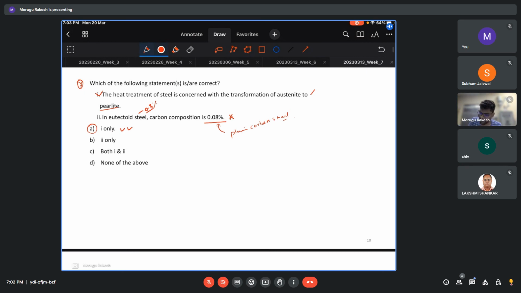So you are correct, from austenite we can get bainite as well as martensite. But we also get pearlite, right? Basically, we do this heat treatment in order to get pearlitic structure. Very rarely do we use bainitic or martensitic. Okay, sir.